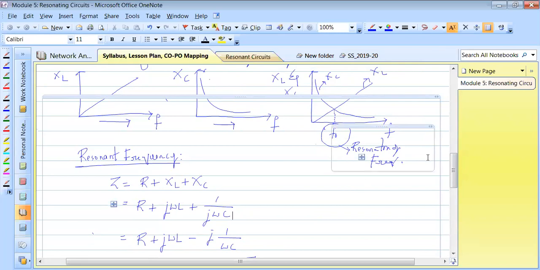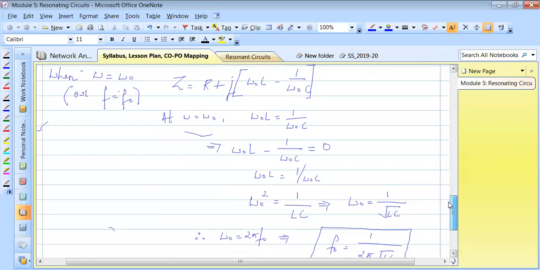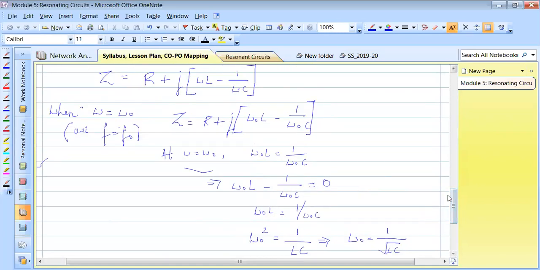There is another way of telling it. Now, this is the hint. This equation is the hint. Can you tell me how I can say the circuit is resonating now? Seeing this equation, when do you think the circuit would resonate? We said when this is equal to this, the circuit would resonate.